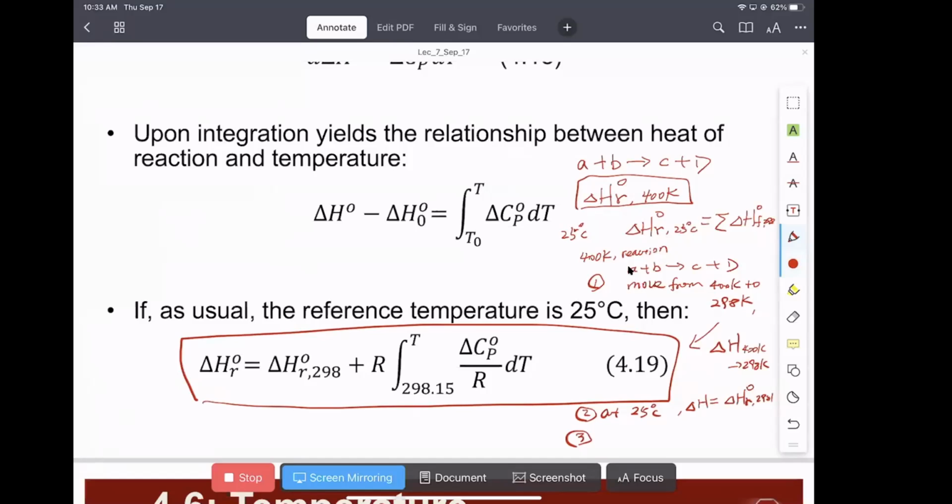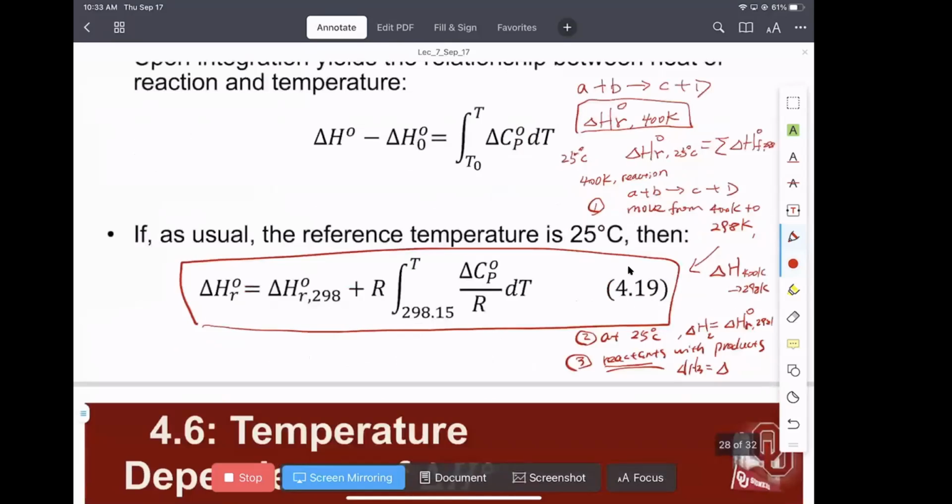So there we again calculate the remaining reactants together with the products. Delta H3 would be again the calculation of the CP value.